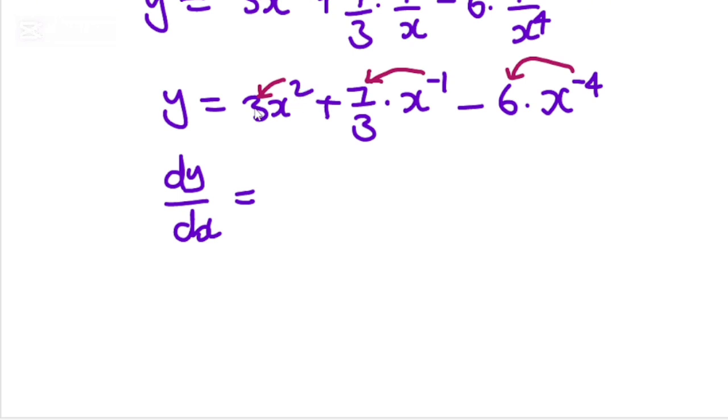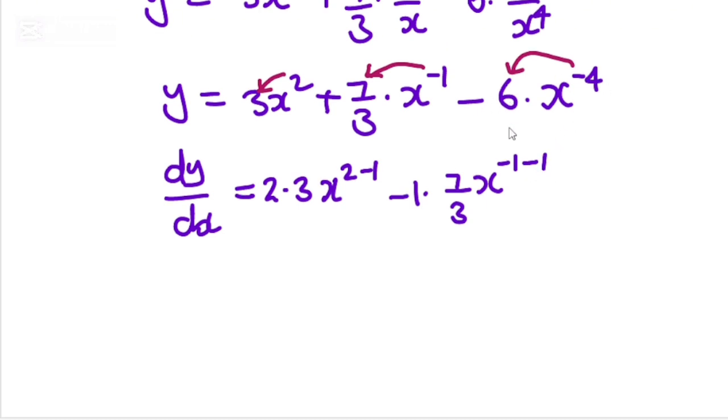So we have 2 times 3, x to the power 2 minus 1, then negative 1 times 7 over 3, then x to the power negative 1 minus 1. Then this power is going to multiply by this coefficient of x, so we have minus 4 times minus 6, then x to the power negative 4 minus 1.